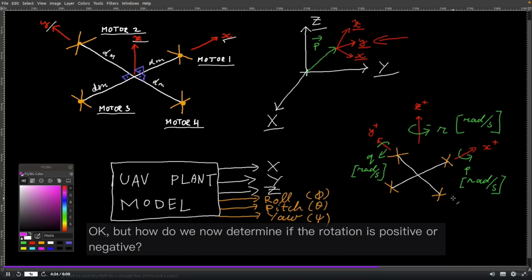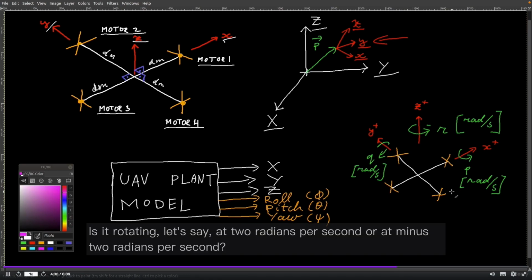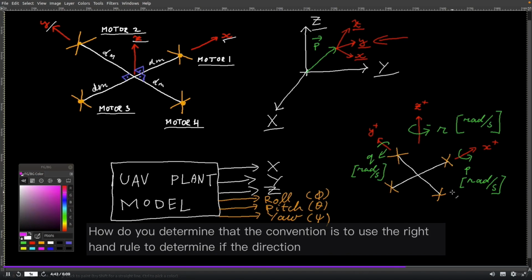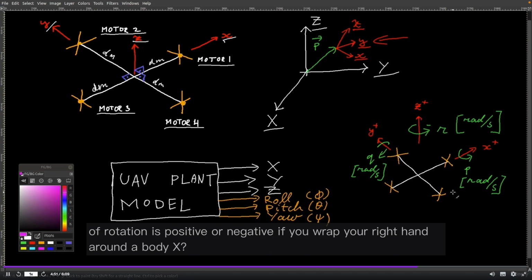But how do we determine if the rotation is positive or negative? Let's say that your drone is rotating about this small x-axis. Is it rotating at 2 radians per second or at minus 2 radians per second? How do you determine that? The convention is to use the right-hand rule to determine if the direction of rotation is positive or negative.